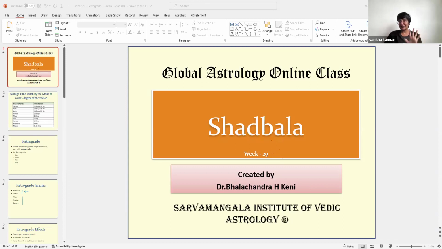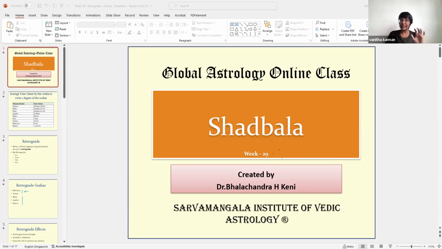Then the last Bala, the sixth, is the Drikbala. We already saw this in many lessons, but we will see it one more time. Drikbala means aspect. In your horoscope, the grahas are placed in the houses. From whichever house the graha is placed, the aspect it receives gives it strength.